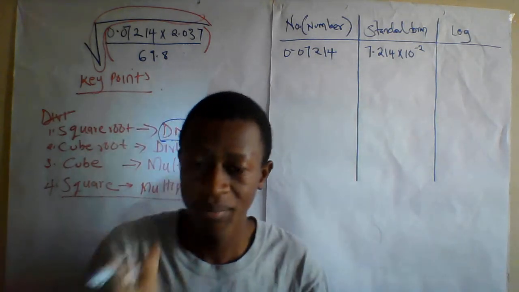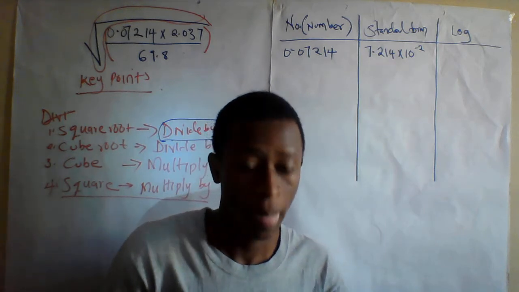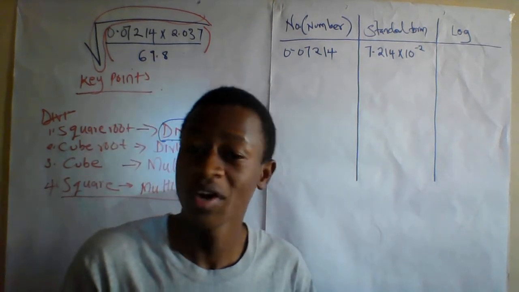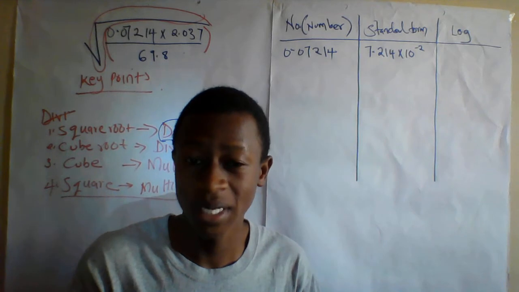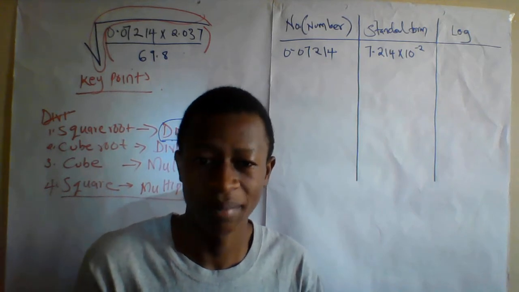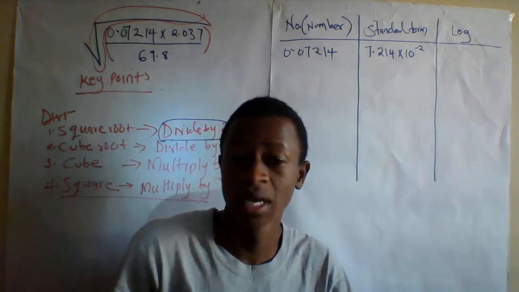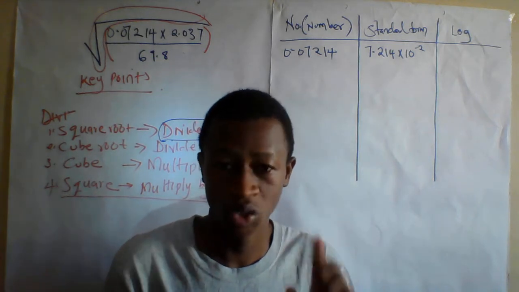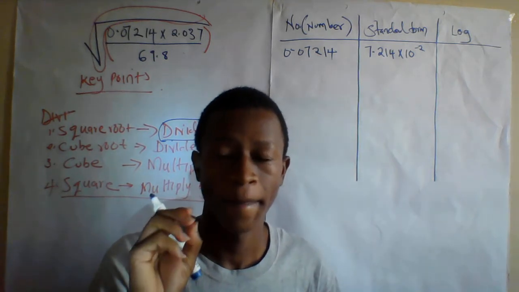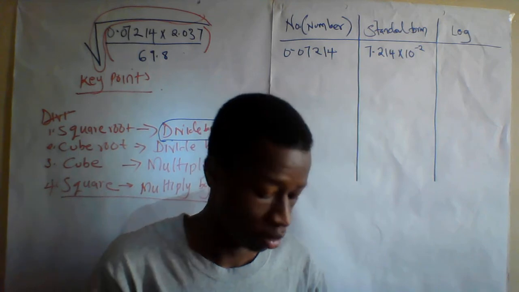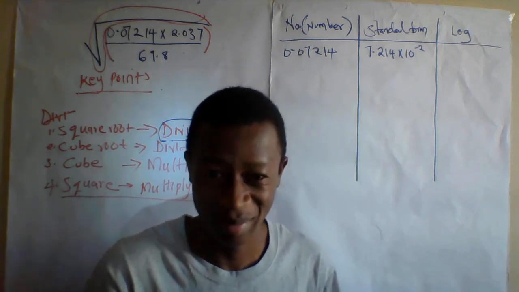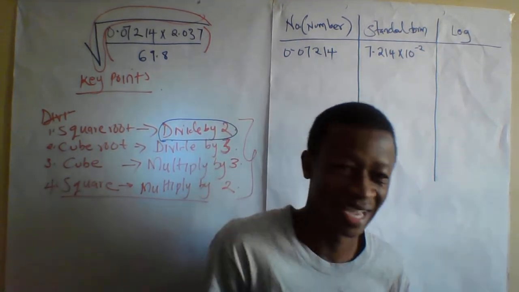Are we together up to that point? I've told you that you are not allowed to use the calculator if you are instructed not to. But if you're not restricted, you can use it. Most of the time, ensure that you use the logarithm table. But for now, I'm going to use the calculator.